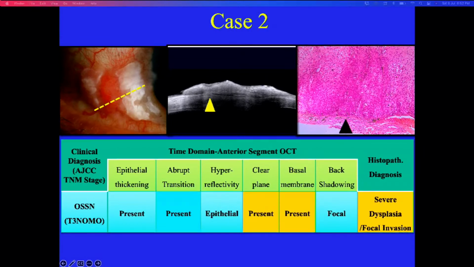That was something we could take to the clinic. But whether we could confidently say that this particular lesion has no invasion is probably not the right thing to say. So after reduction, we can go for surgery.